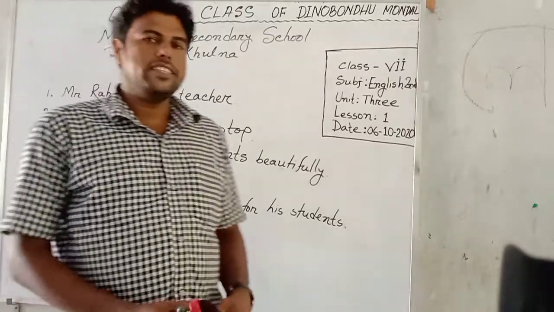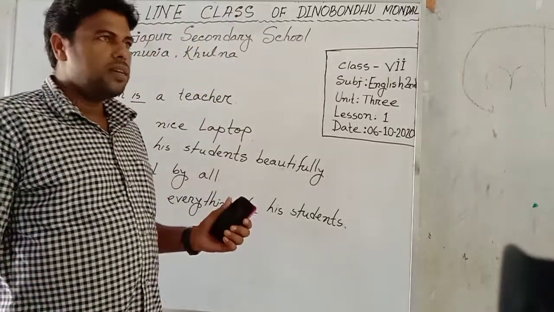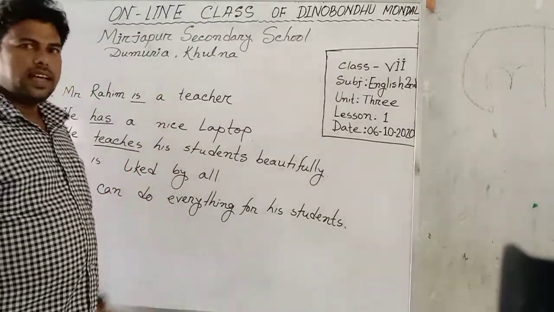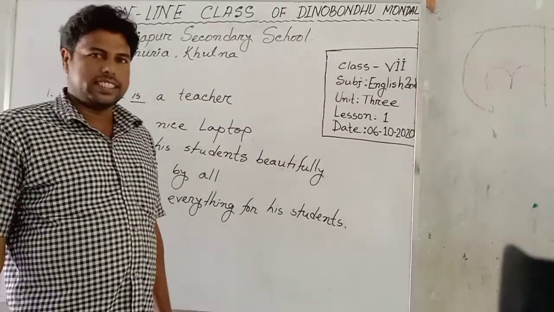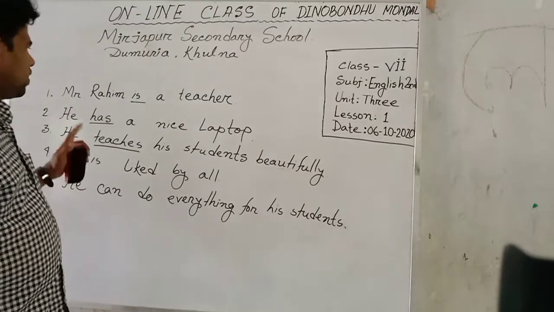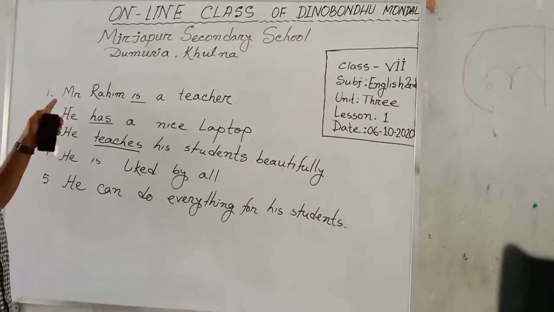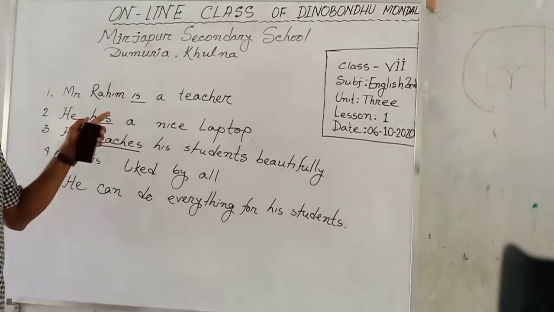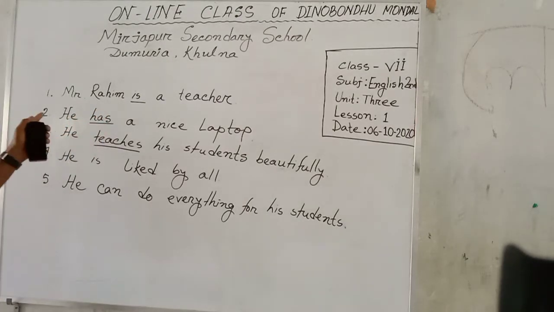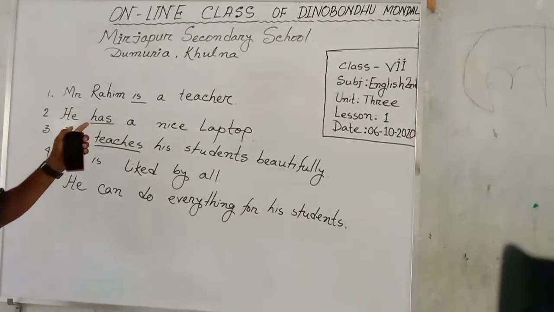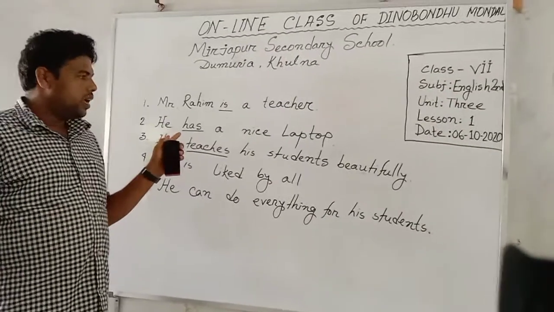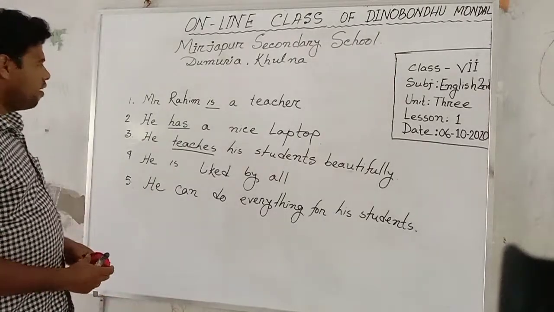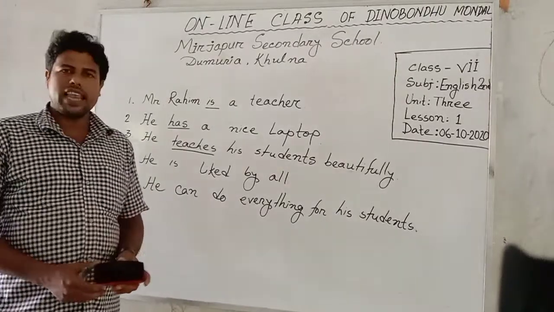So, my dear students, please see on the board. I have written some sentences. The first one is, Mr. Rohim is a teacher. Number 2, he has a nice laptop.